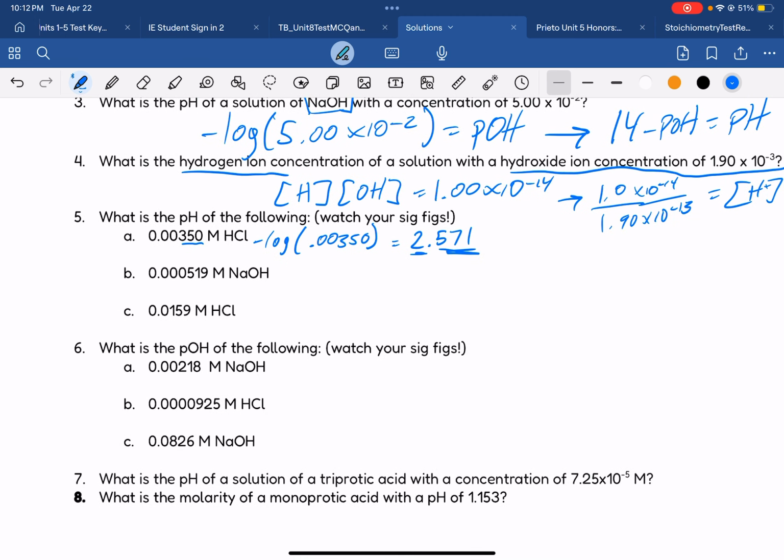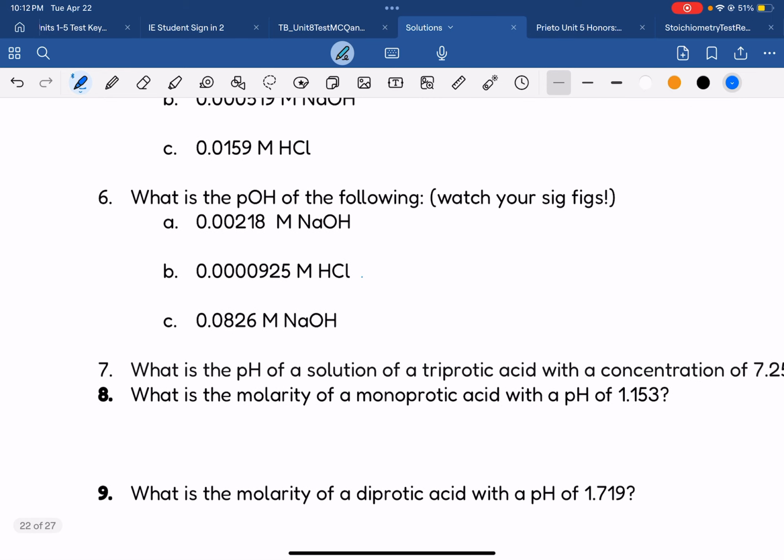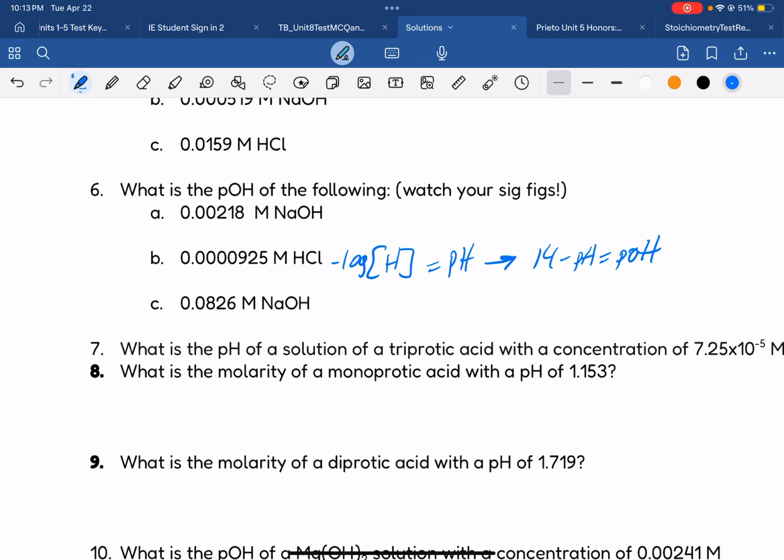And that's it. If you go down here to number 6, what's the pOH? If you do negative log of this, remember HCl is just hydrogen ion concentration. That'll give me pH, but I don't want pH, I want pOH. So I have to take this number and do 14 minus the pH to get a pOH. And it would be really high, because remember the relationship: low pH is acidic, low pOH is basic.